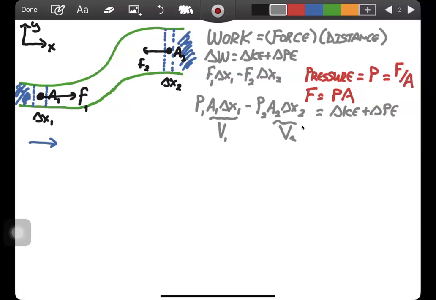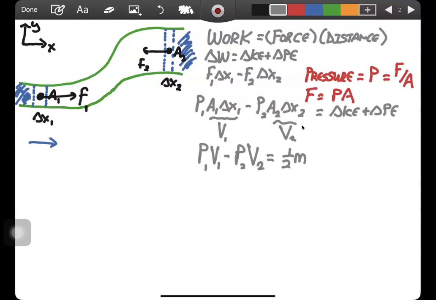And so now what I'm going to say is P1 V1 minus P2 V2 is equal to the change in kinetic energy. And so the change in kinetic energy of this volume of fluid that we are tracking is going to be 1/2 mass of the fluid, which is going to be the same throughout.